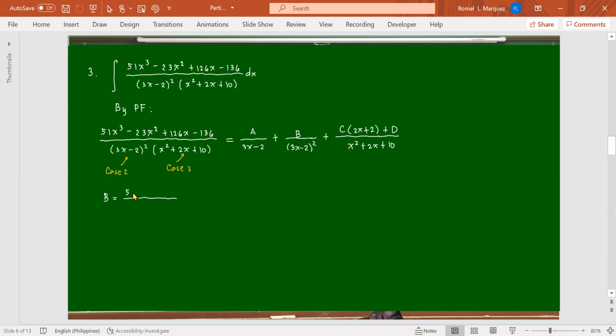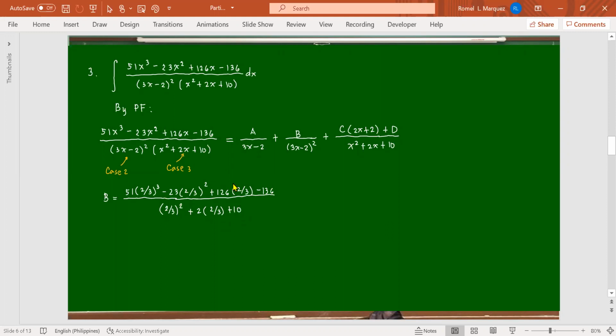So 51 times 2/3, quantity cubed, minus 23 times 2/3, quantity squared, plus 126 times 2/3, minus 136, all over this, no? This is removed. 2/3 times 2/3, so 2/3 quantity squared plus 2 times 2/3 and then plus 10.